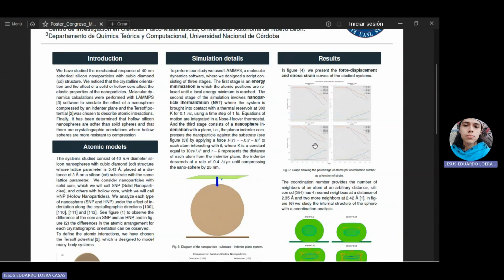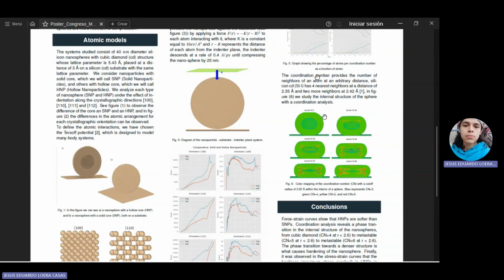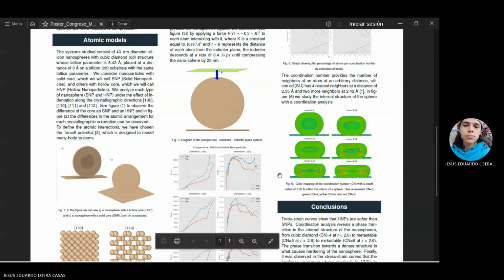In figure number 5, we can see a coordination analysis for each of the 4 different orientations. And in figure number 6, we can see the coordination analysis in a visual way.